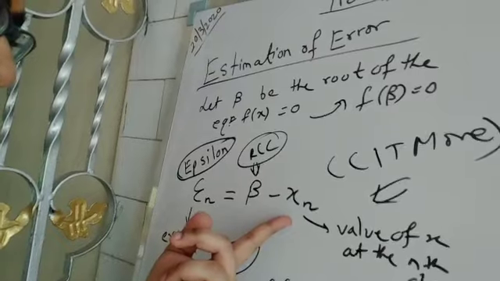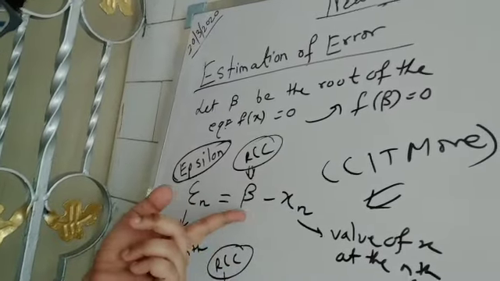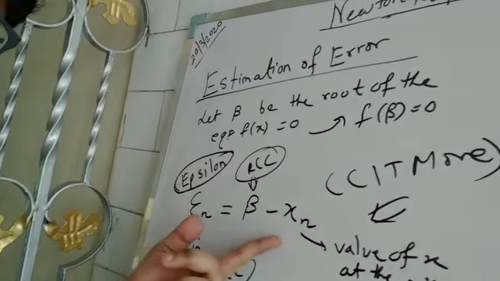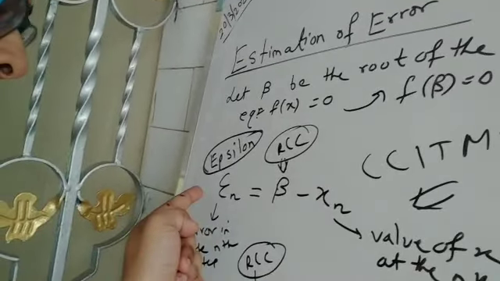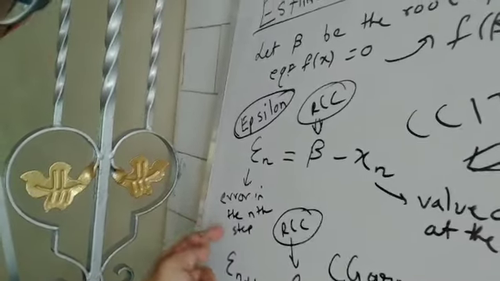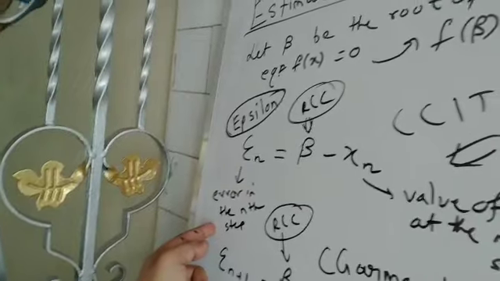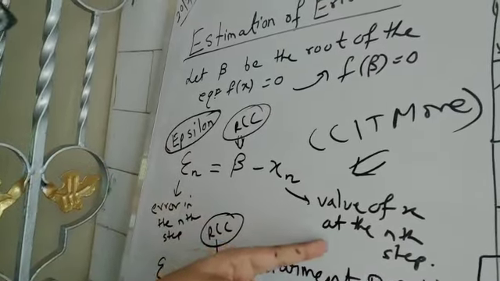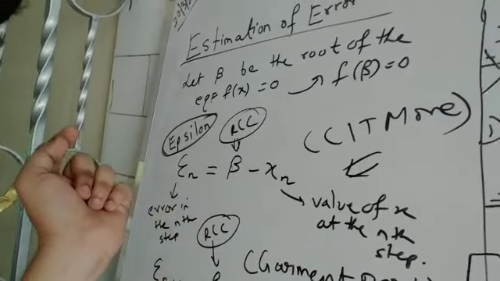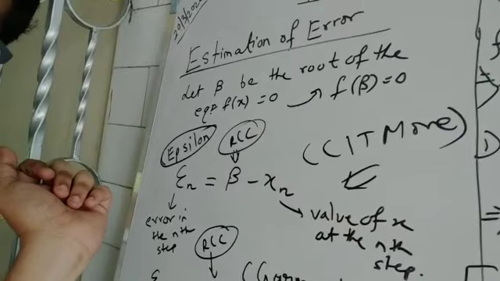Still you are lagging behind by some distance. How much is that? That is what I called epsilon n. This is basically the error in the nth step, and xn is the value of x at the nth step. Nth means the nth iteration.